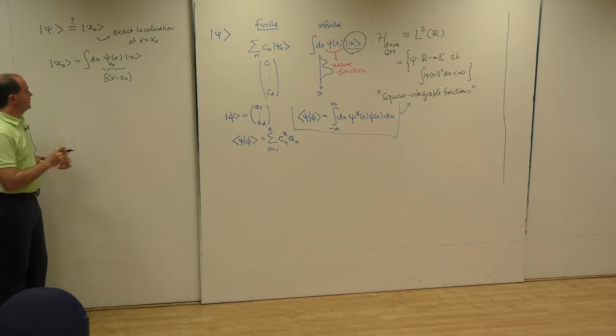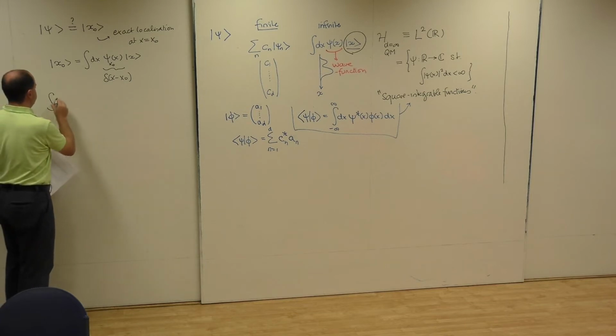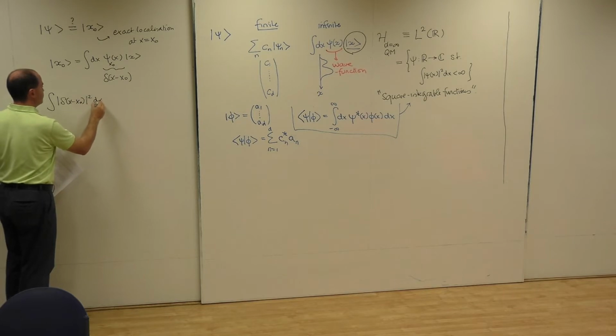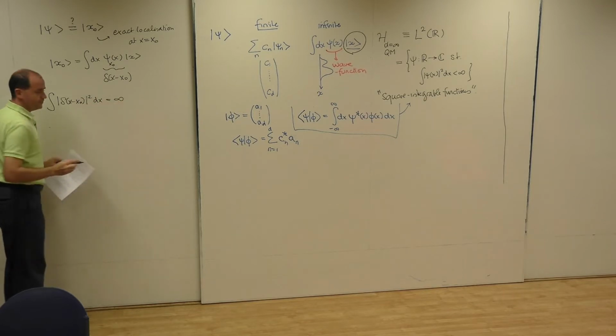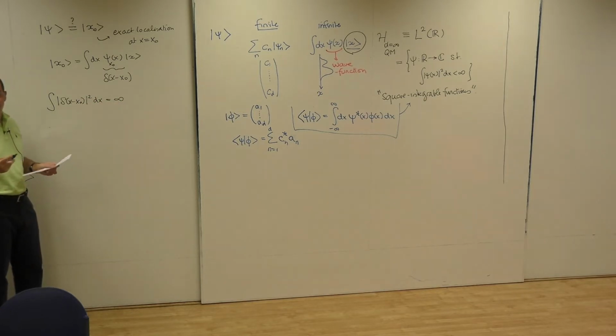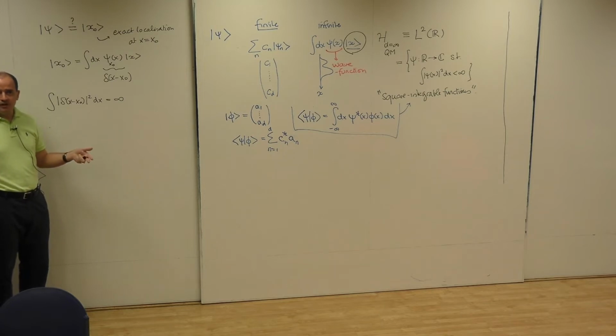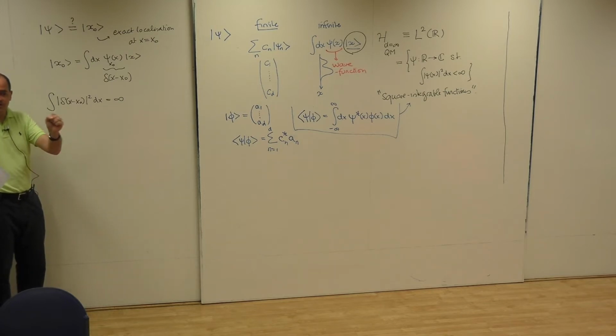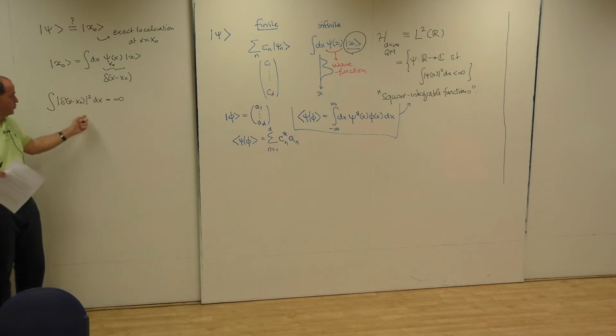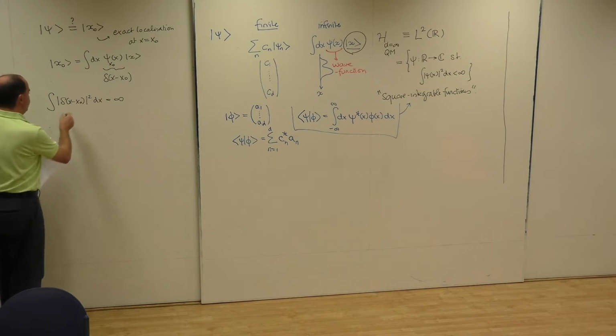However, unfortunately, the integral of delta of x minus x0 squared dx is equal to infinity. There are various ways of proving it. You can try to take any limit, any series of functions that converges to the delta function, like Gaussians, more and more narrow, or squares, and you can prove this. There is another argument. You could try to look at what this is.